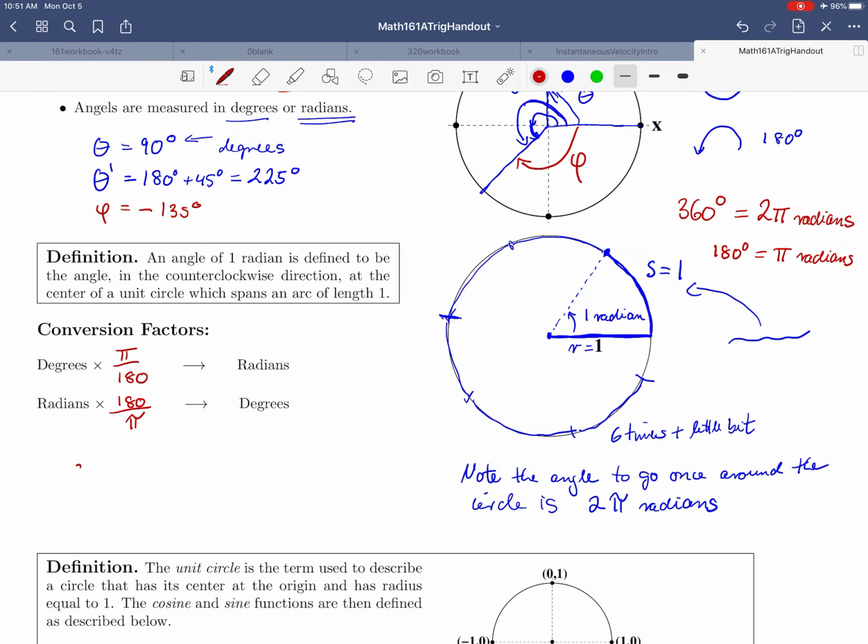So you can see that 90 degrees times pi over 180 is pi over 2 radians. We often use rad to abbreviate radians. And so a 90 degree right angle in radians is pi over 2 radians.